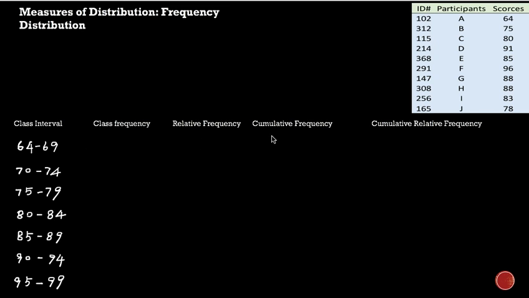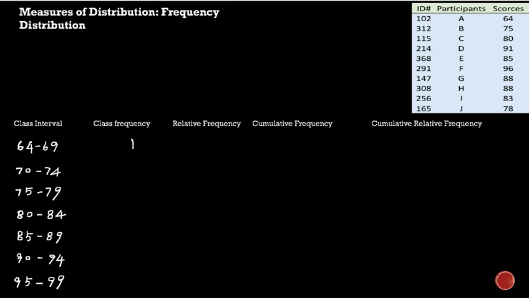Class frequency for the first one: how many data points fall in this interval? Look at this data. We have only one, 64. 70 to 74.